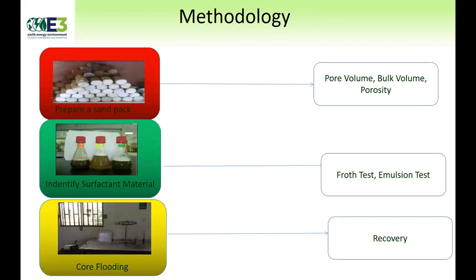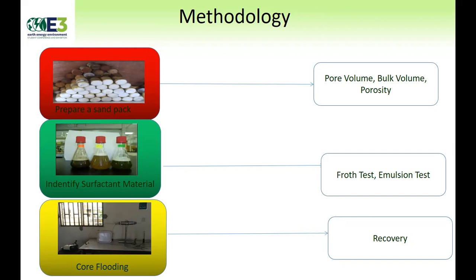Now, the way this was done at first, we prepared a sand pack. The purpose of the sand pack was for us to establish our pore volume, the bulk volume, and porosity. And then we moved on to testing our surfactants. We had to select some leaves, and we'll see the names of the leaves in the next slide.